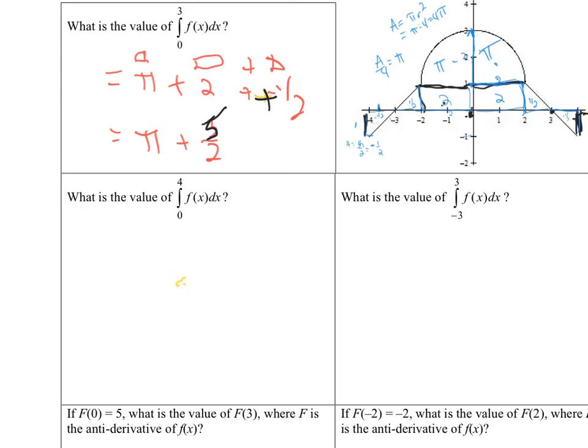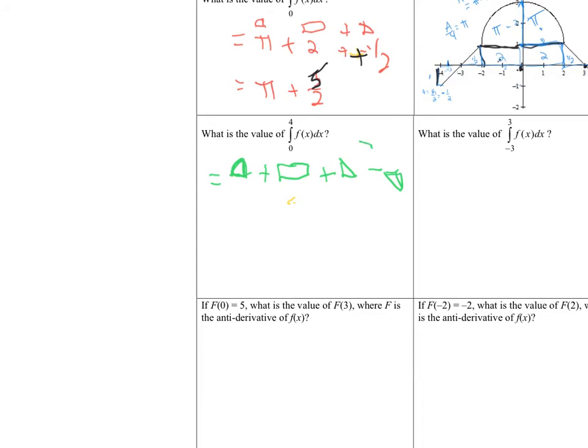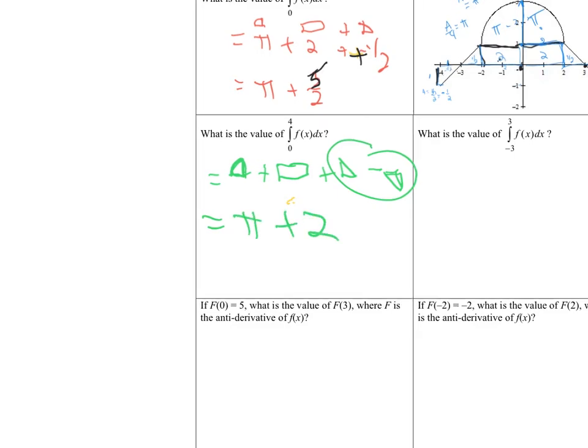Just in case you don't see it, it's going to be the quarter circle plus the rectangle plus the triangle minus the triangle. That one down there. So these two triangles we already said were the same. They canceled out. So my answer is really going to be pi plus 2.